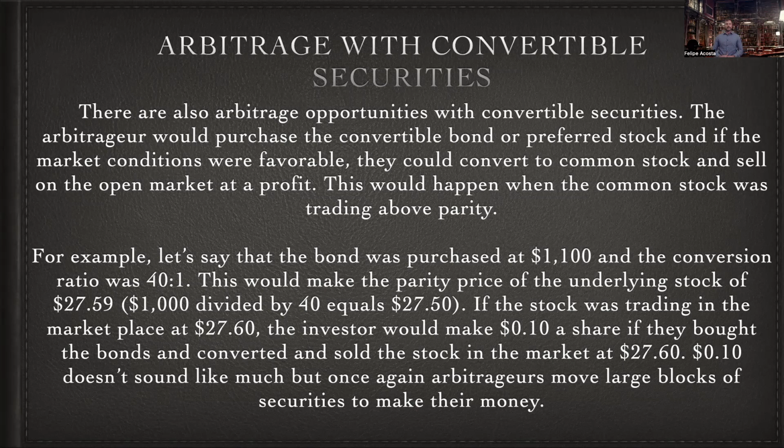If the stock was trading in the marketplace at $27.60, the investor would make the 10 cents difference a share if they bought the bond, converted, and sold the stock in the market at $27.60. Again, the 10 cents doesn't sound like much, but arbitrageurs move large blocks of securities to make their money.